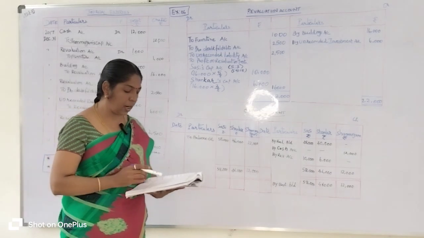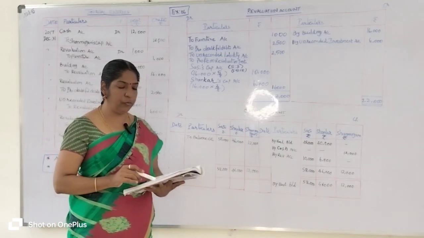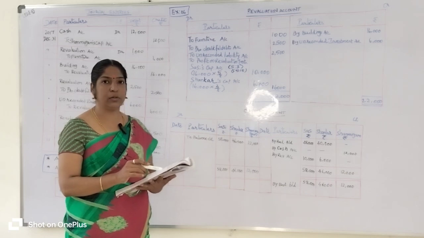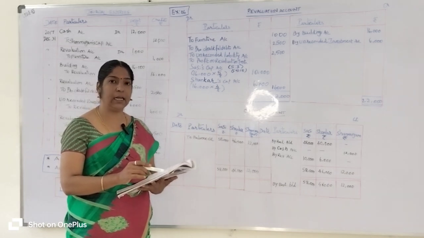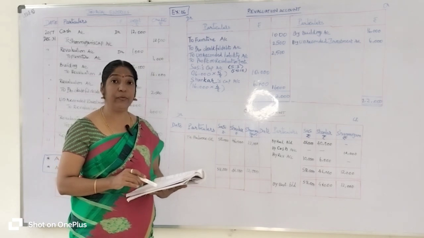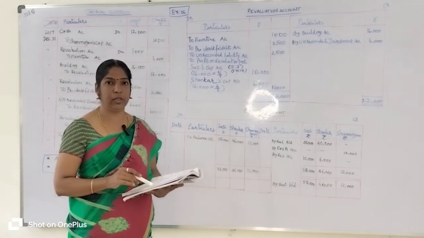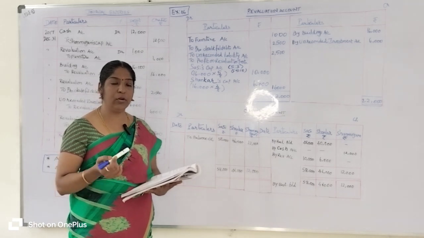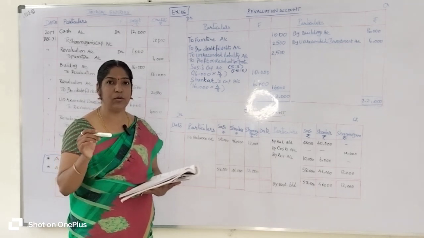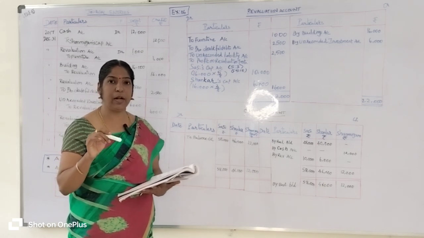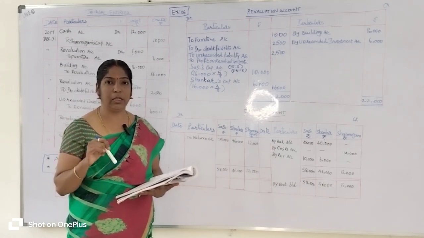And building is to be revalued at 50,000 rupees. Already we have the building account at 34,000 rupees on the asset side of the balance sheet. Now, the building is revalued at 50,000 rupees. So, the building account increased by 16,000 rupees, at the time of revaluation with the current market value.